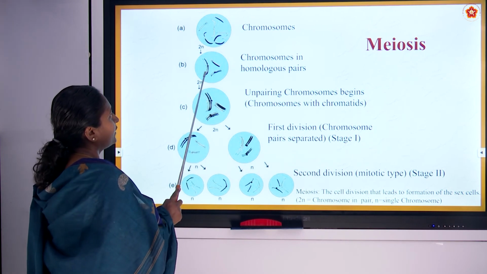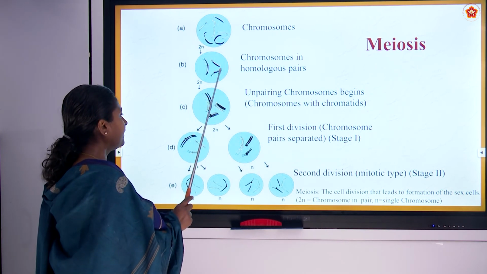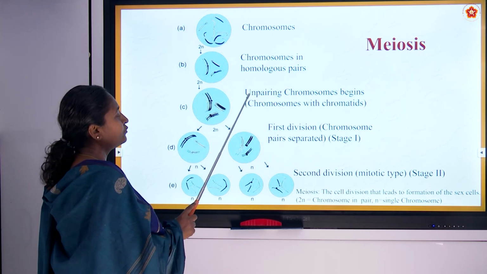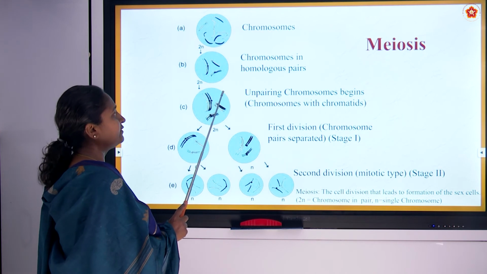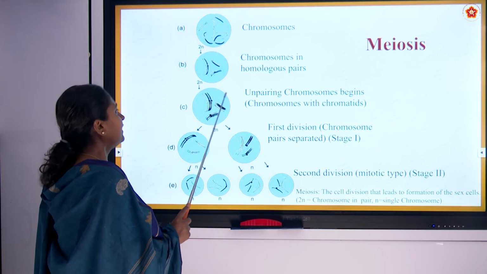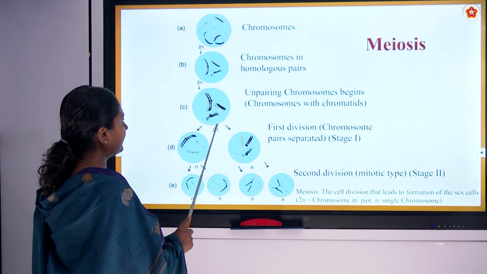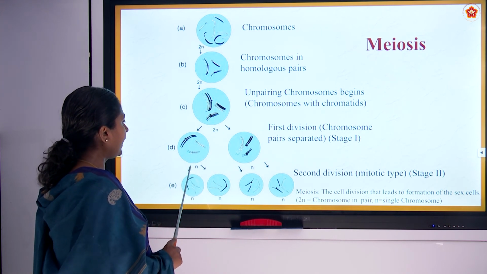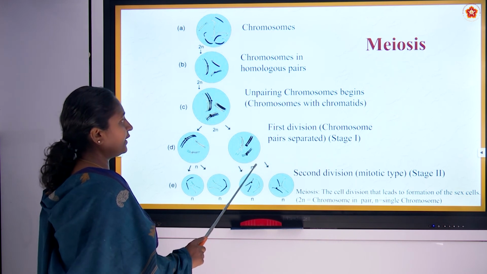So these chromosomes find their pair, and because of this pairing, what is happening? We can see the chromosomes exchanging some of their genes, and at the end, the 2n number of chromosomes get separated into n number of chromosomes at the end of phase 1.